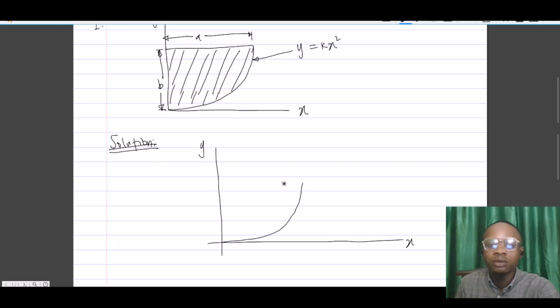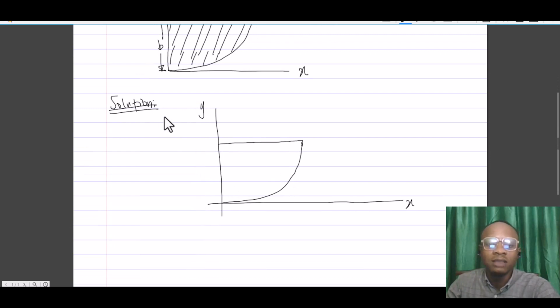Okay, so for this case, we will reproduce the shape this way, and this is some horizontal line. Then to get the moment of inertia about the y-axis first, we want to use a vertical strip. Let me not put this here so that it becomes a bit more obvious.